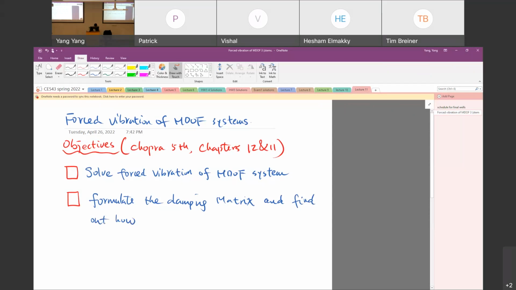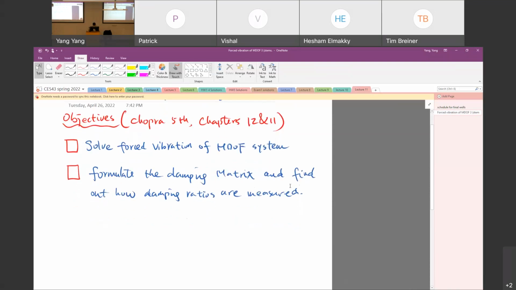How damping ratios are measured. So this is different from the SDOF system. Regarding damping, if we have multiple degrees of freedom, how can we consider damping? Actually, that's the most challenging part for structural dynamics. That's the goals for tonight.